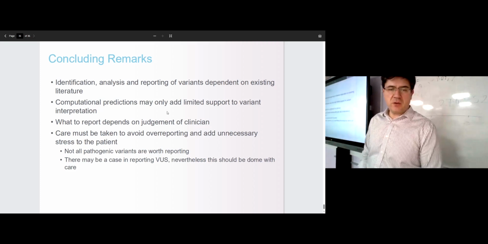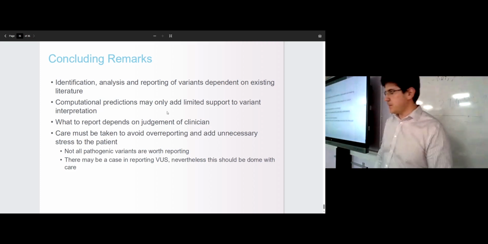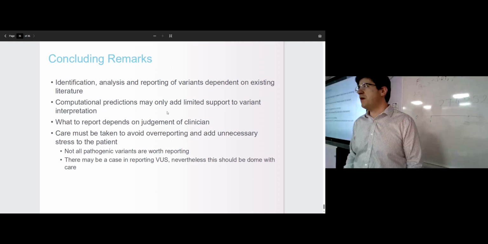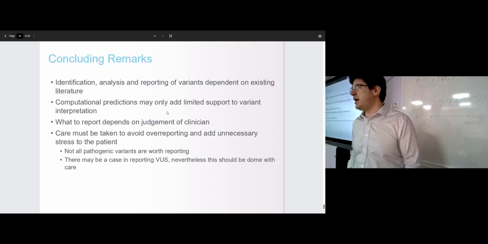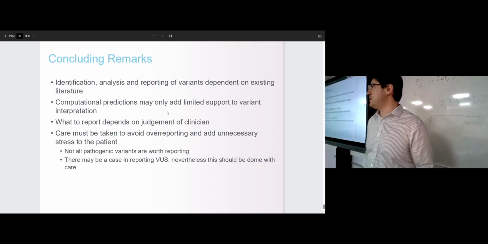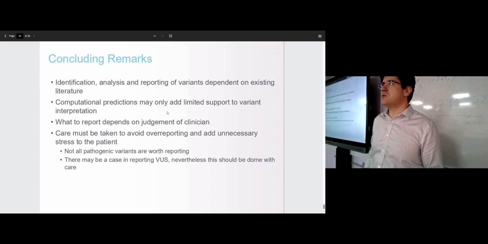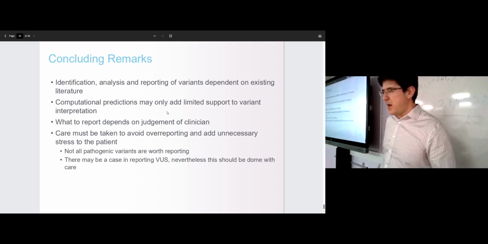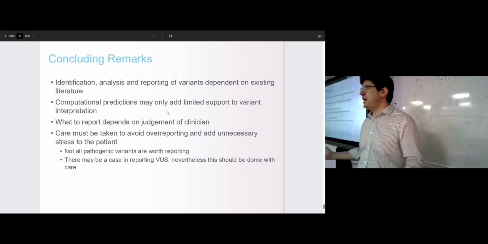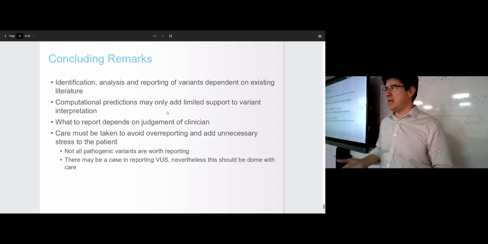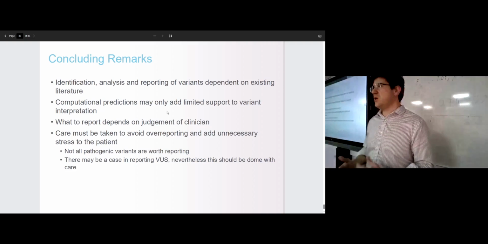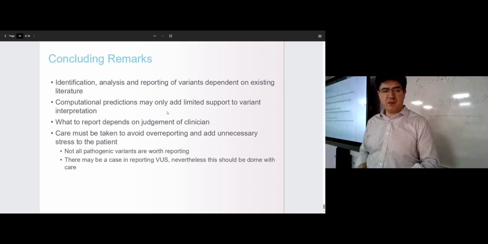I've basically told you that genomics is about identifying differences in the genome of the patient and then comparing it against reference data to see whether those variants are likely to be pathogenic or not. And because we have so much data for each patient, everything has to be done on the computer and looking at databases. So it's quite bioinformatics intensive.